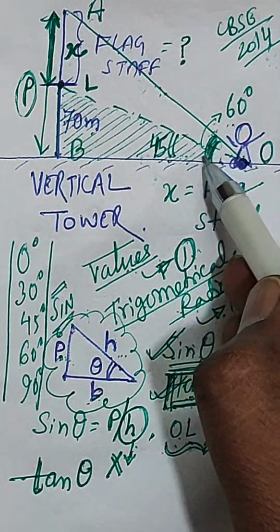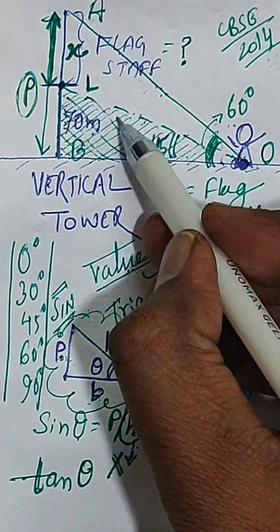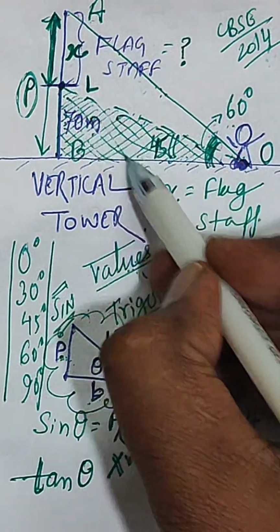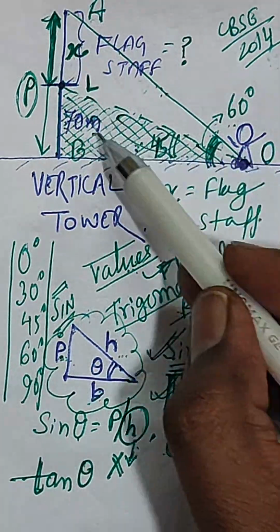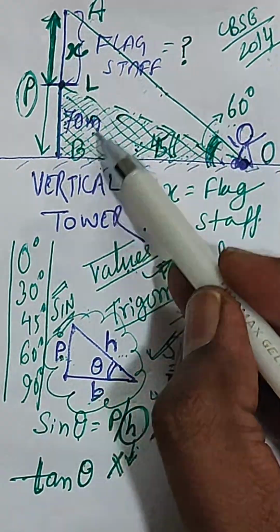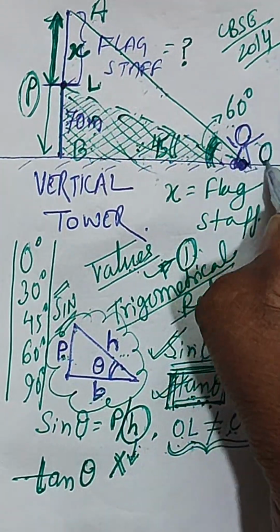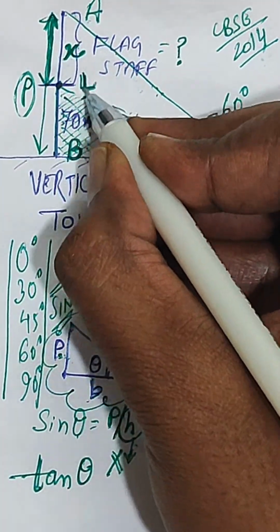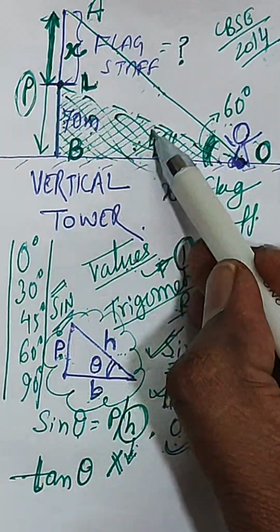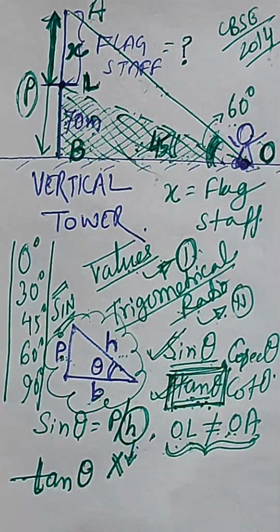This is the smaller triangle, OBL, sorry, not ABL, OBL. Take tan of 45.